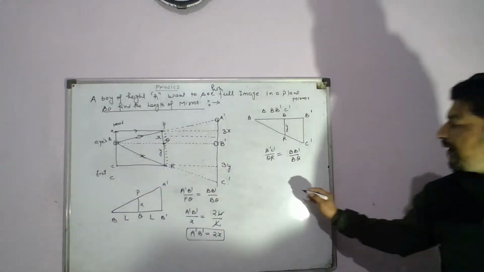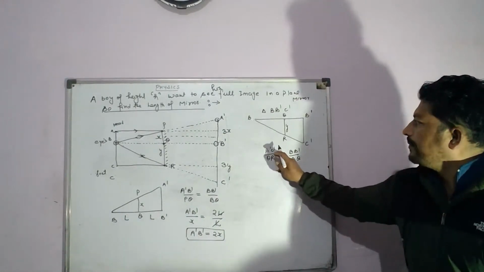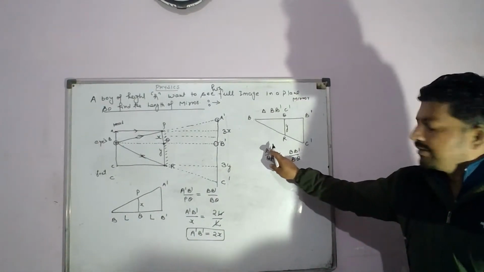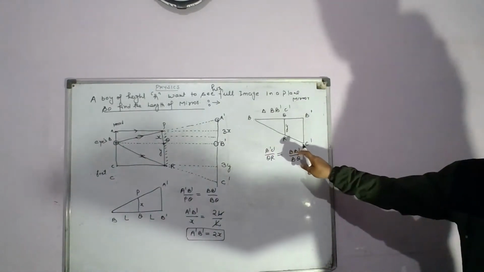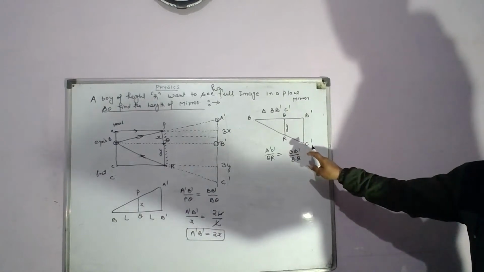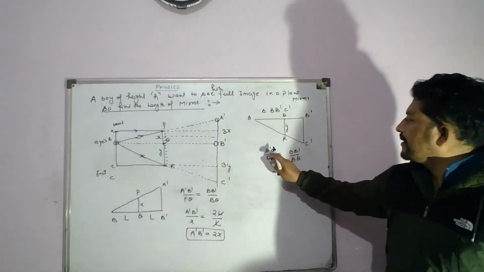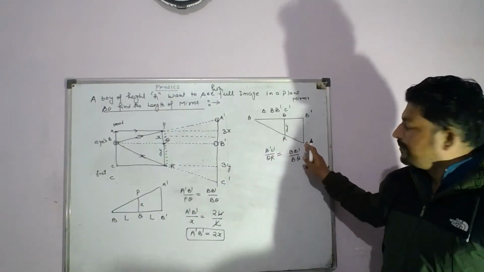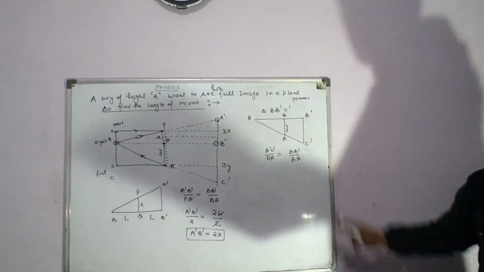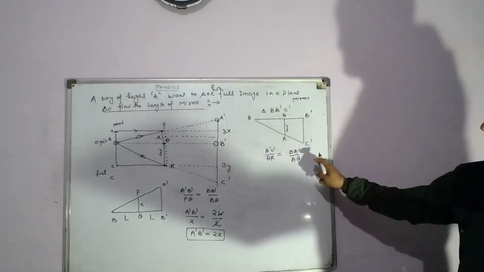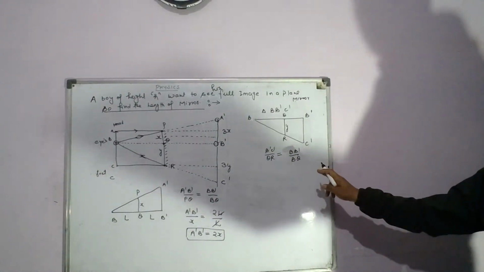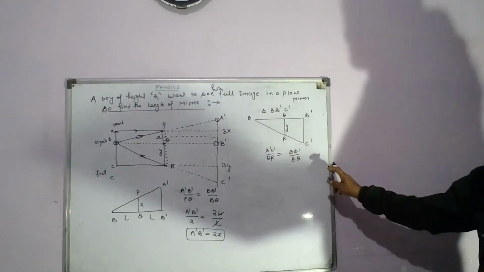So if you find BC dash, here is BB dash and QR and BQ, right?